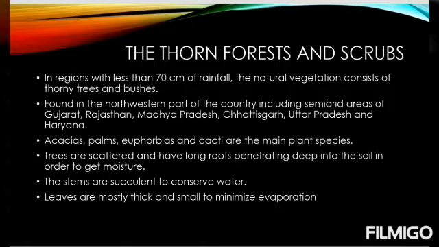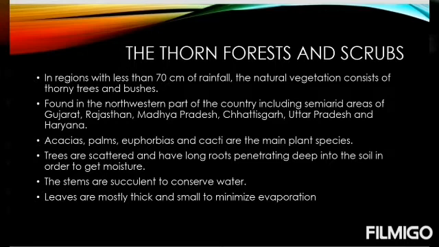The third one is the thorn forest and scrubs. In regions with less than 70 cm of rainfall, the natural vegetation consists of thorny trees and bushes. It is found in the northwestern part of the country, including semi-arid areas of Gujarat, Rajasthan, Madhya Pradesh, Chhattisgarh, Uttar Pradesh and Haryana.